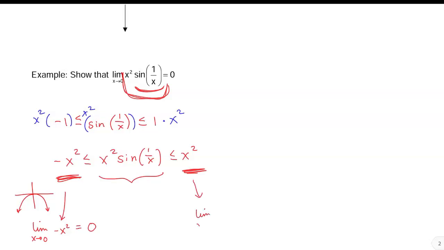The limit as x approaches 0 of x squared is also 0, because if you remember, the x squared function is a parabola opening up whose vertex is at the origin. So as you approach from the right, or as you approach from the left, you'll attain a limit of 0. So therefore, by the squeeze theorem, the limit as x approaches 0 of x squared sine of 1 over x equals 0.